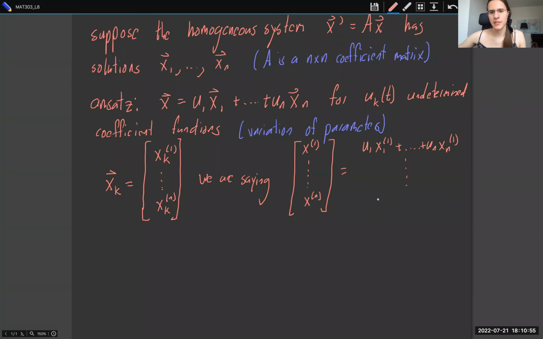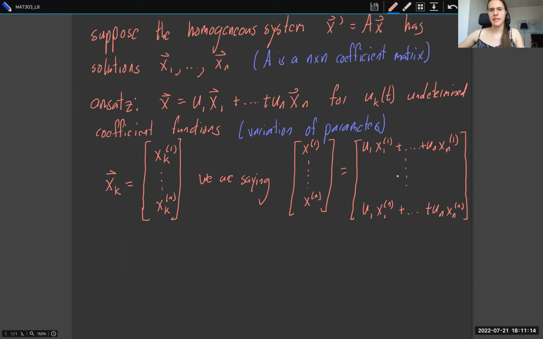And then it's going to be a column vector all the way down until u1 times x1 nth component plus un times xn nth component.